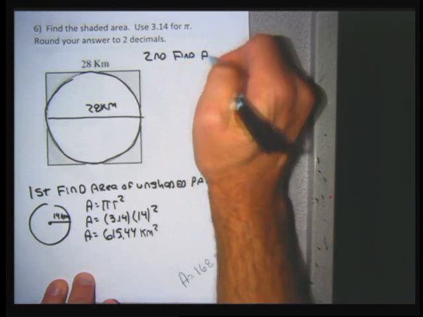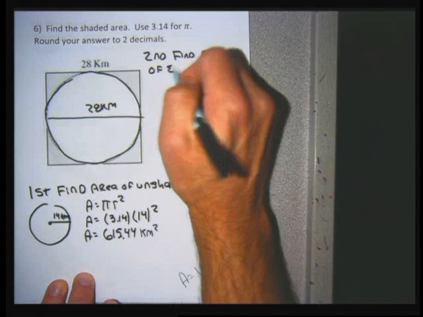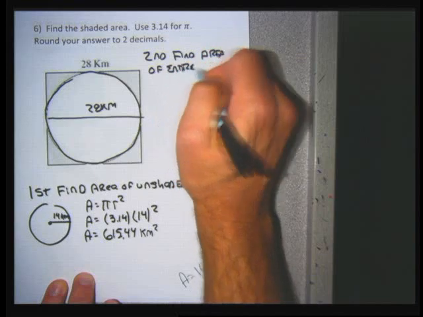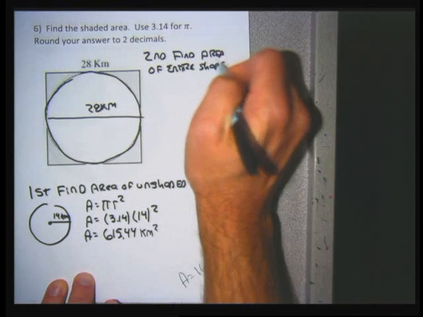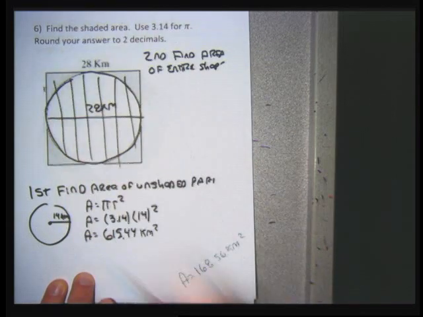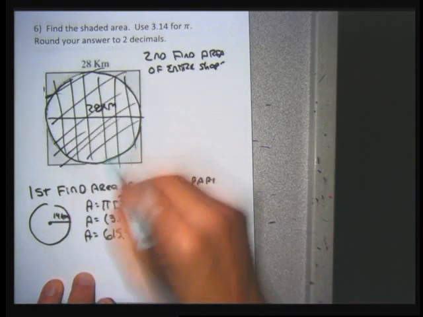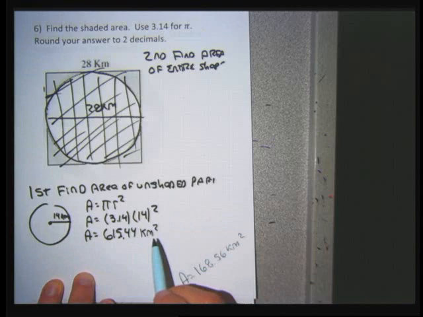And now find the area of the entire shape. That is, if everything was shaded in, if this whole thing was shaded in, that would be the area of a square. So if the whole thing was shaded in, I'd have a giant square of 28 kilometers on each side, and the area for a square is just side squared.